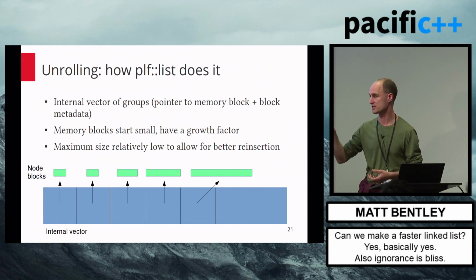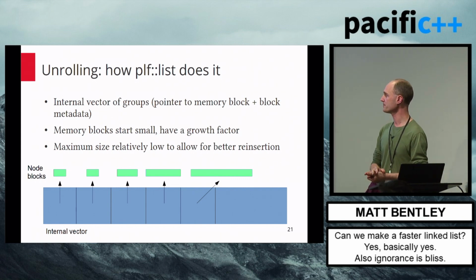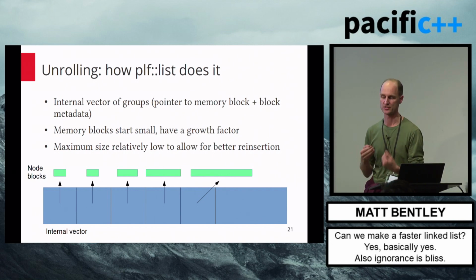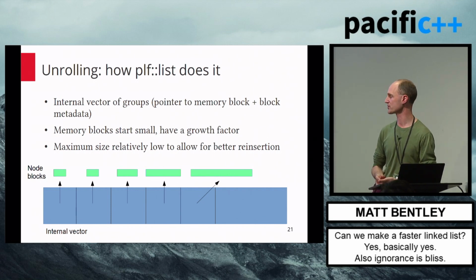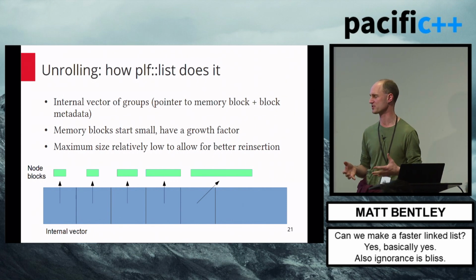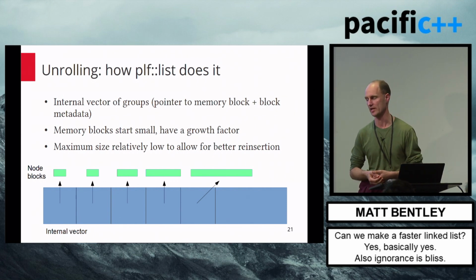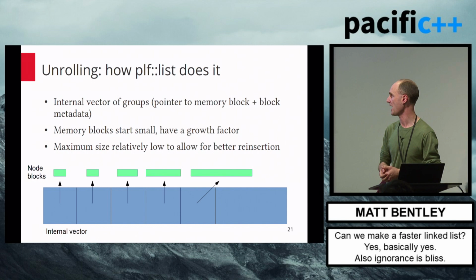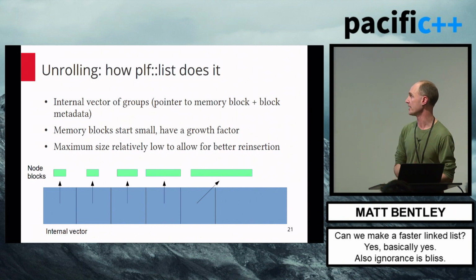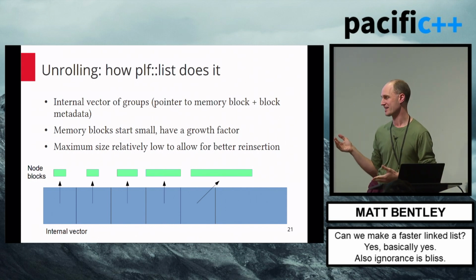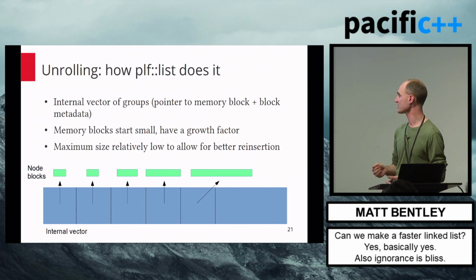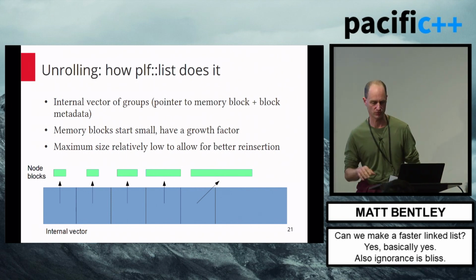Memory blocks start small and have a growth factor, just so that we have sane allocations. So when we're inserting into the list for the first time, we don't want to allocate enough space for 100 elements or whatever. So we keep it small, maybe 8 or 16, and expand from there. And then we keep the maximum size of these memory blocks relatively low to allow for better reinsertion, which I'll get to later on.